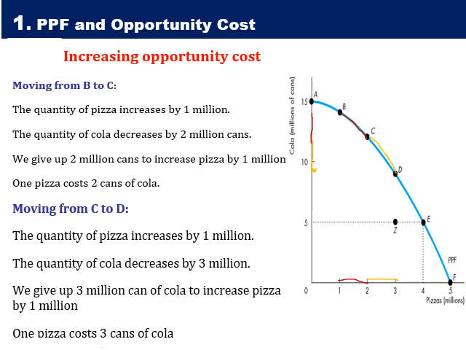This means that we must give up 3 million cans of cola to increase our production of pizza by another 1 million. So the opportunity cost between point C and D is that one pizza costs us 3 cans of cola.